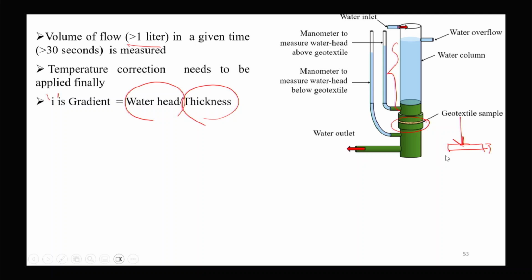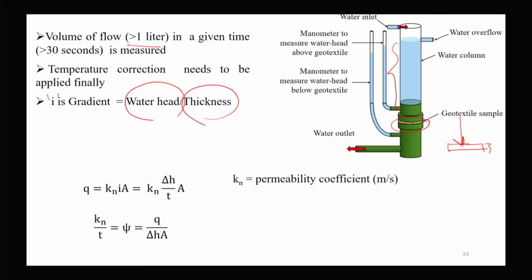This is the gradient ratio, and we can calculate from this equation: Kn is the permeability coefficient, which is in meter per second, delta H is the water head difference, and A is the area of flow.